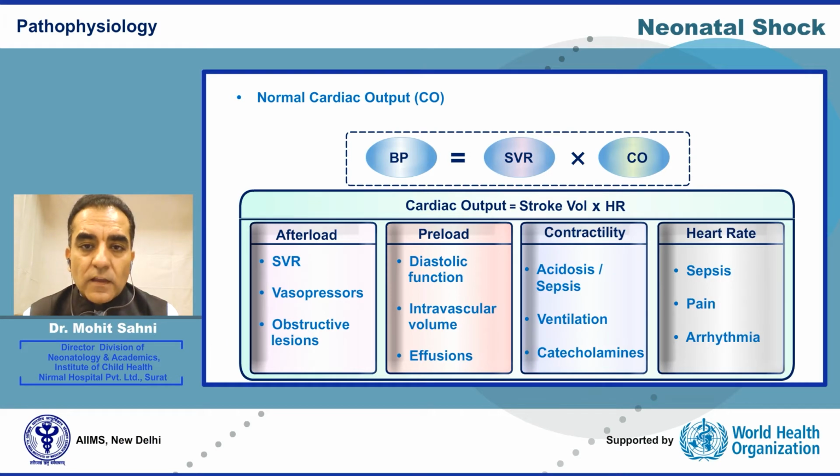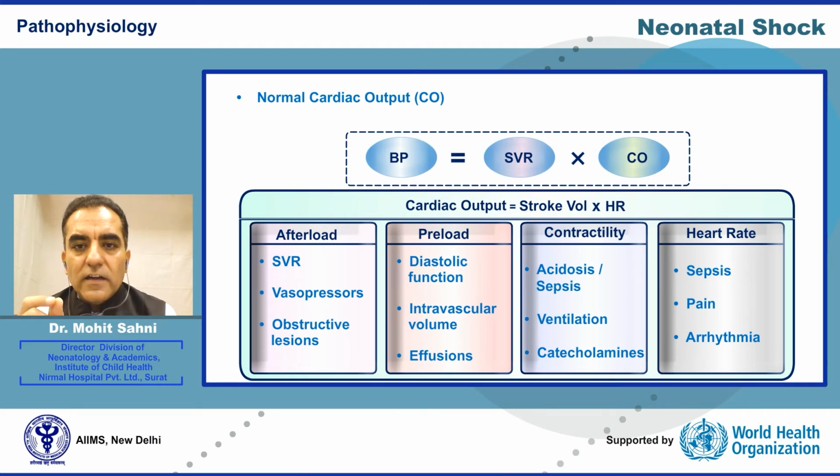So see, the stroke volume is very well dependent on a few components like afterload, which we talked about, preload, and contractility of the heart. In newborns, especially in premature babies, your myocardium is not very well developed. So when your patient gets a shock, in the early phase the body tries to compensate. Both stroke volume, the myocardium, and then your heart rate try to compensate. But in newborns, especially in the preterms, the myocardium is very weak and does not play much role in the compensation.